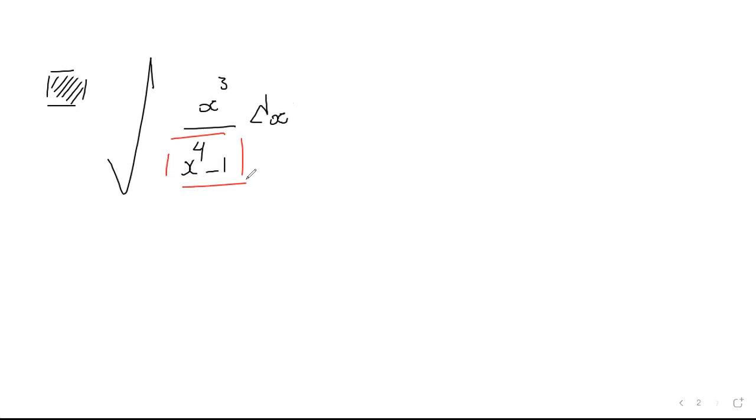I'm going to take the worst looking part of this function, which is the denominator, as a substitution to make it look a little better. We say that x to the power 4 minus 1, I'm going to rename it u.